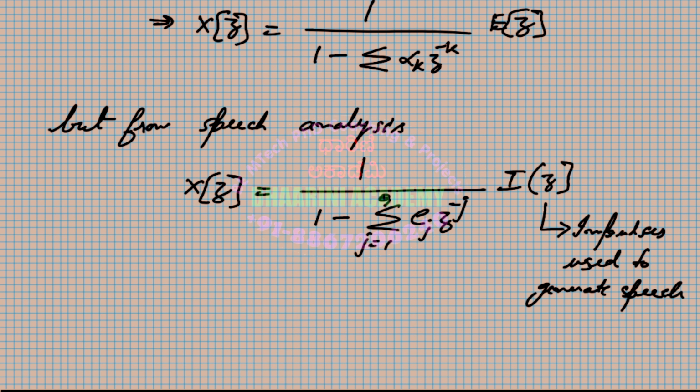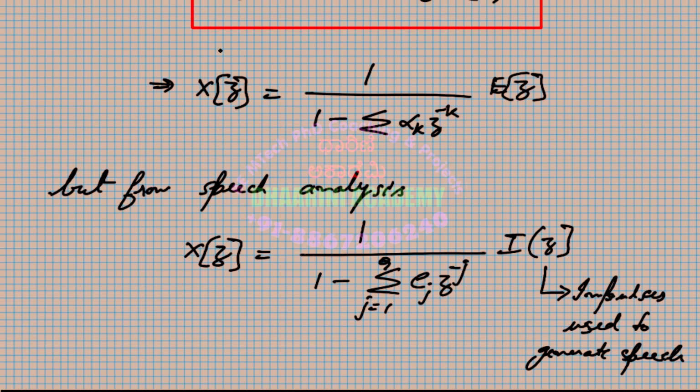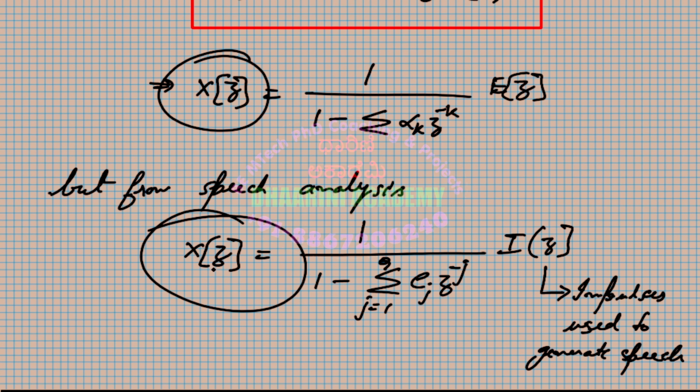Lungs supply a series of impulse functions, whenever required, that's the source of energy. That energy gets modulated by the vocal tract and the sound box, right? And we generate the speech, right? So this I of z, compare this equation with the above equation, right? So both are same. Left hand side is still the same, the speech.